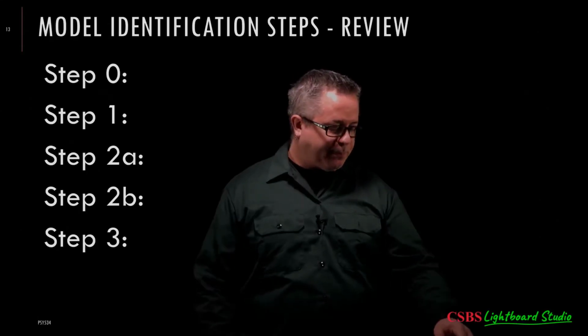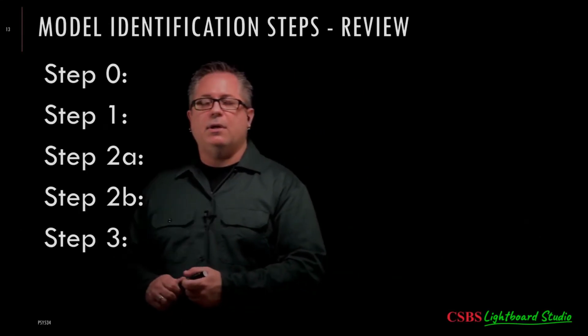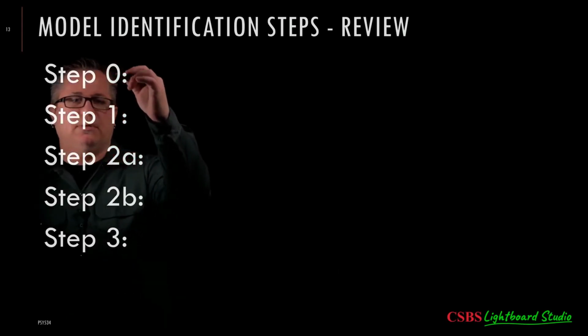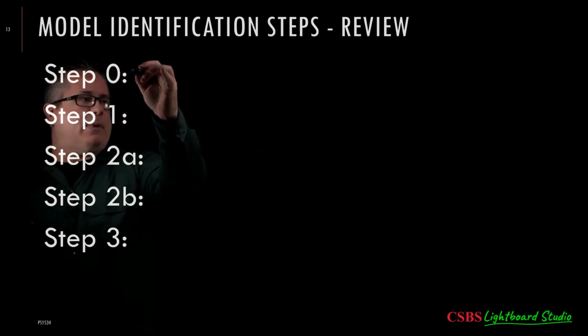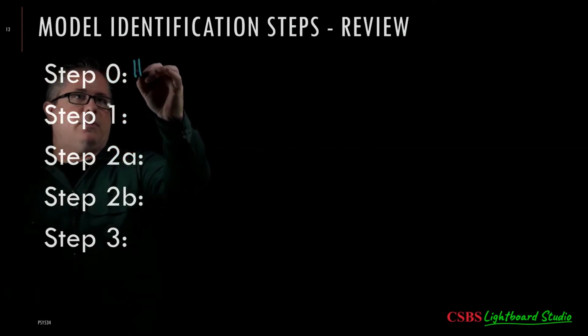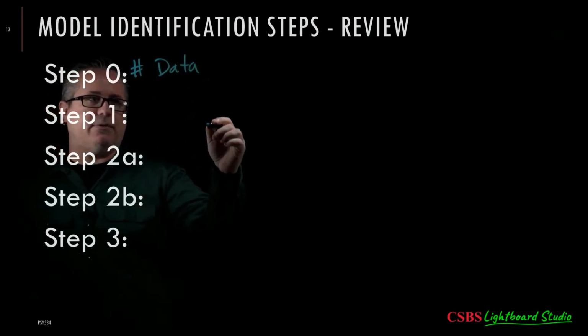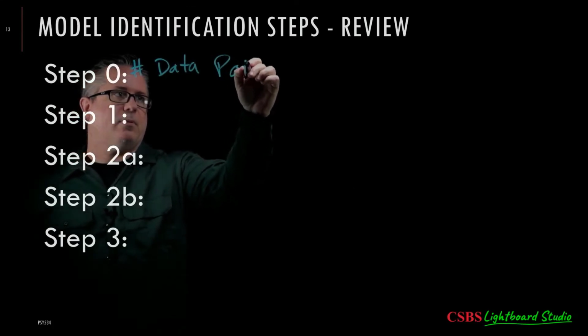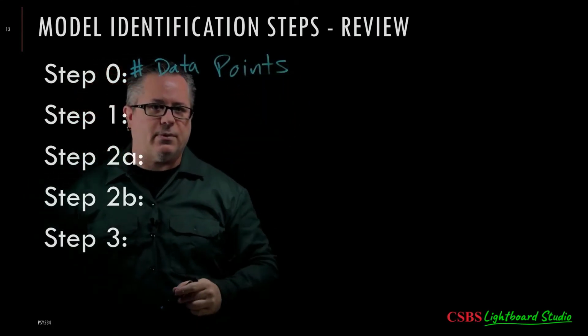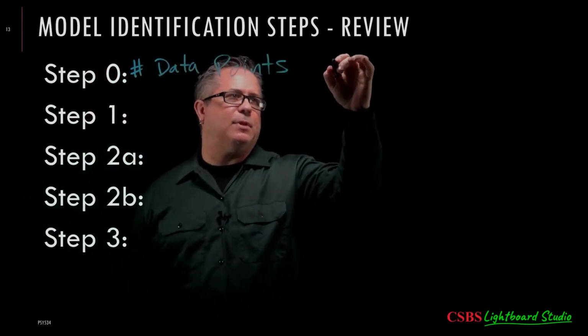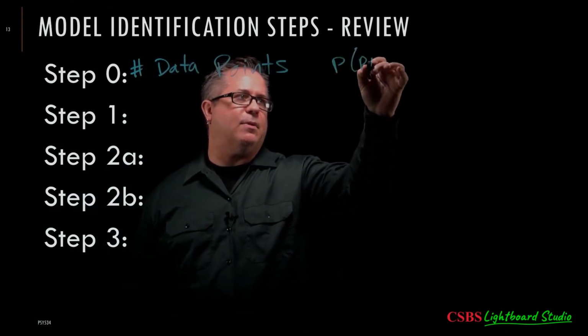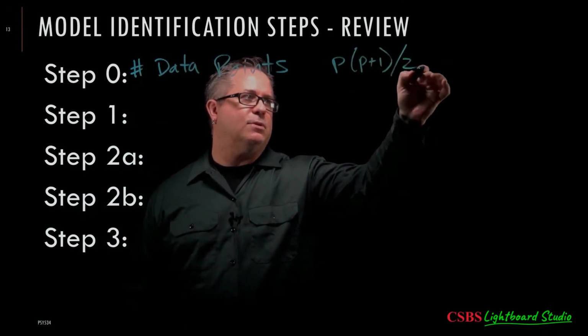Step 0 had to do with the number of data points, figuring out how much data you actually have. And that was the p times p plus 1 over 2 equation.